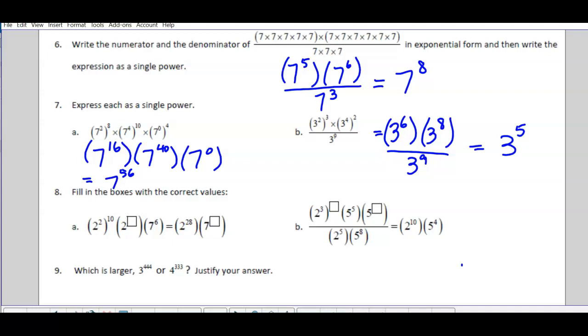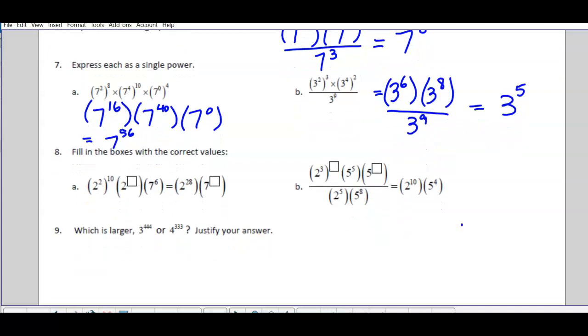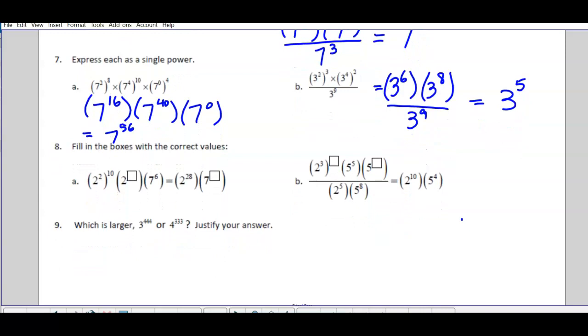And especially when we get into algebra, so ones that have variables, which will be next week. You've got to do all of this, but with variables, so your calculator can't do it for you either. Okay? And then 8, we're just filling in the boxes with the values that would make this equation true.